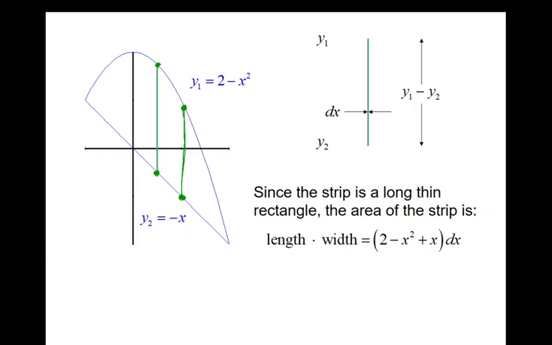Okay? But that's only the area of one of those. And we don't want just the area of one of those, we want the area of all of them. Right? Because we want to find the total area of this thing.